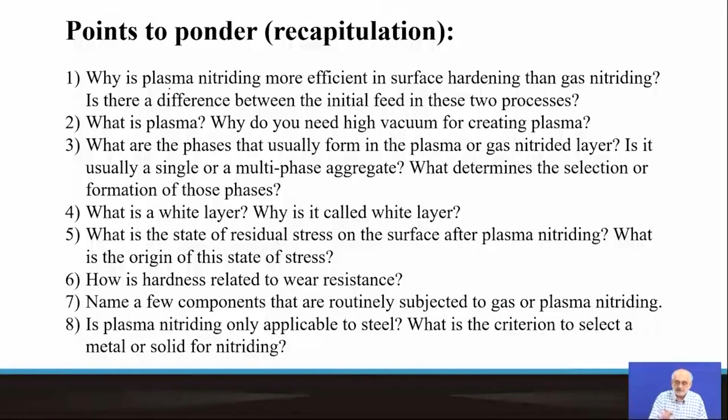If we take all the nitriding processes into consideration, plasma is more efficient because it helps in cleaning the surface before the nitriding process starts. In plasma nitriding, we are using a nitrogen-hydrogen mixture, maybe argon in the beginning, whereas in gas nitriding, we are using ammonia primarily as a feedstock.